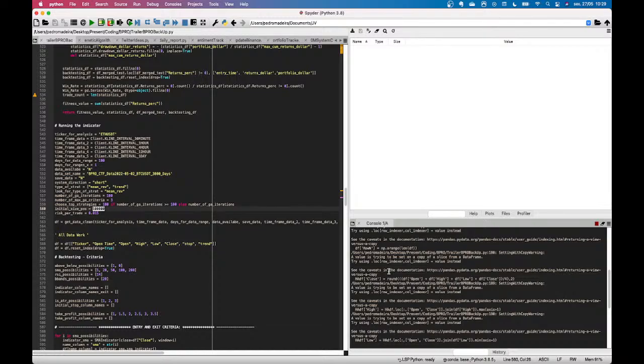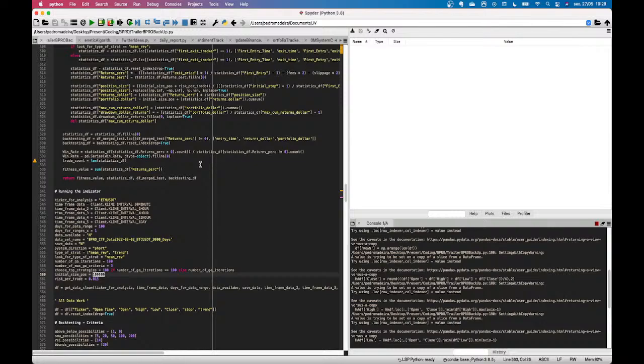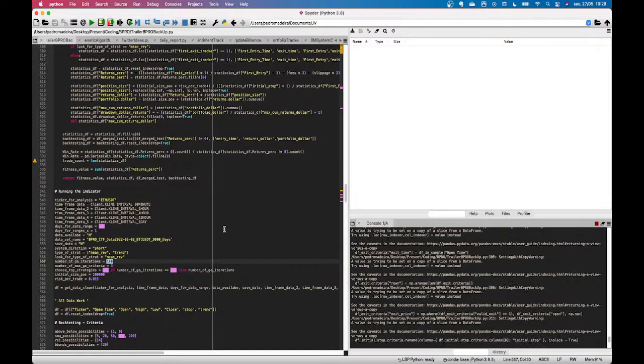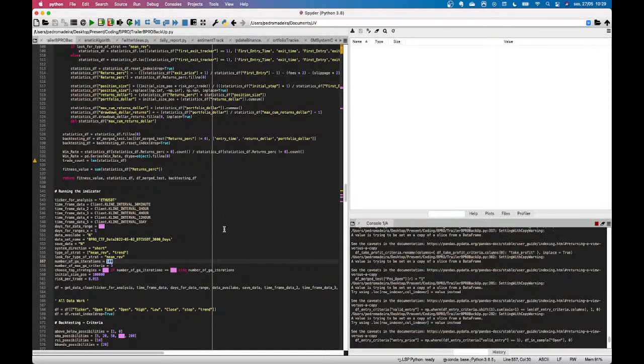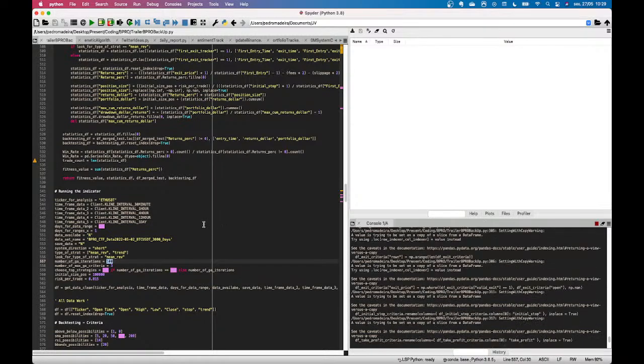Now it is running, it is making the calculations. It usually takes a bit, not too much. Here we are using just 100 days and 100 iterations, so it doesn't take very long, but it always takes a bit because to calculate the indicators, especially the B Pro, I had to use a lot of for loops, and if you know Python, you understand that for loops take a bit of efficiency out of the code.